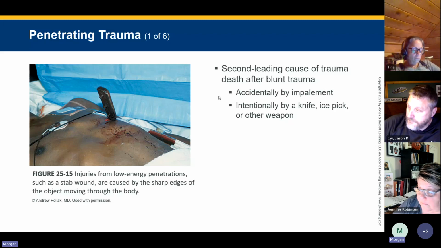It looks like a knife to the left thoracic area. They would have a collapsed lung. Collapsed lung. Yeah. Cardiac tamponade, maybe. Bleeding. Could be nothing. Depends on if you take a deep breath, you could have liver issues.